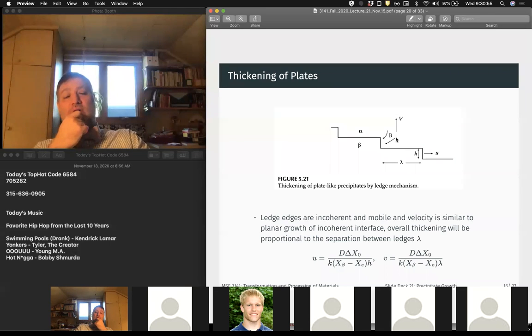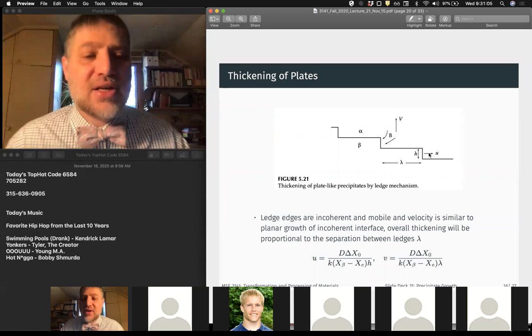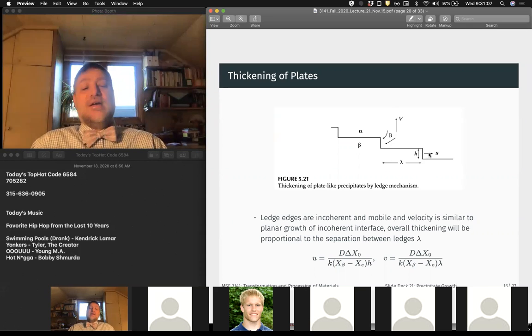The outward growth of this interface is then going to be proportional to the distance between these ledges. Basically, it's telling me that my growth rate depends completely on my supply of these ledges.